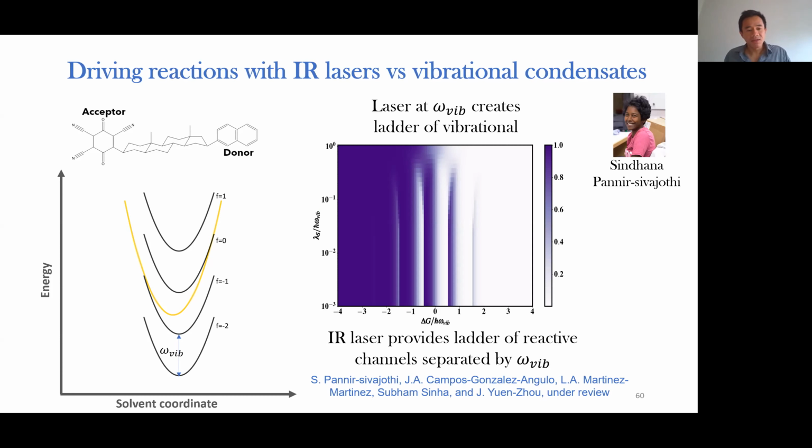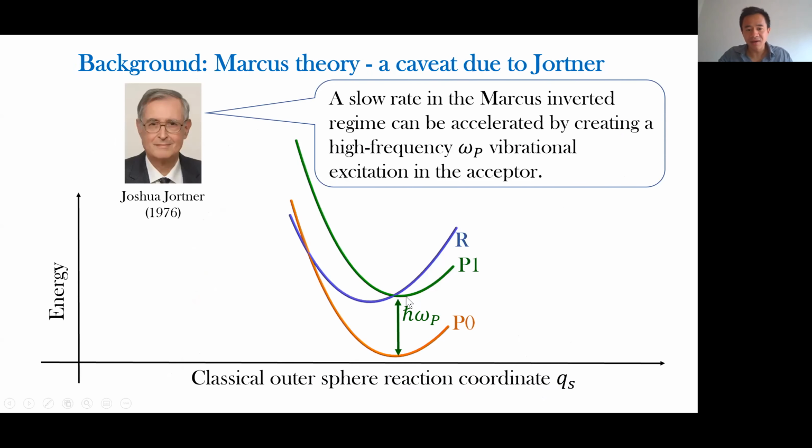Okay, so if the coherence is outside, if you just drive the molecules with a laser, what you're really doing is, say, shifting the free energy of the reactant. Namely, you're dumping additional free energy into the reactant, so that when you go from reactant to product, you create one excitation in the high frequency mode.